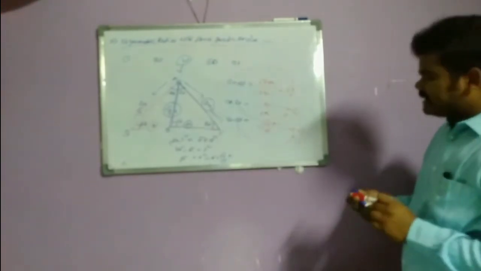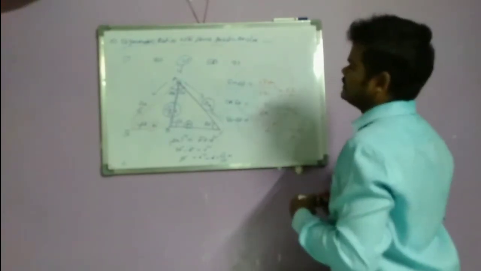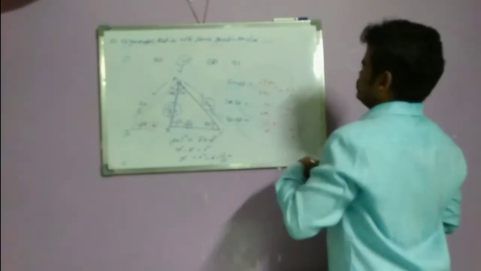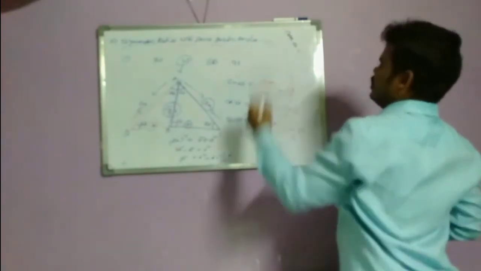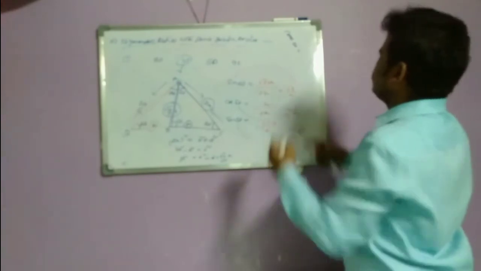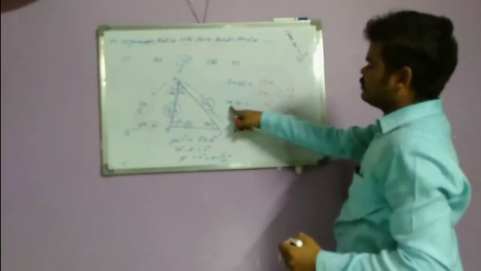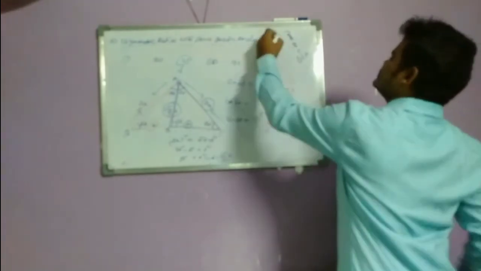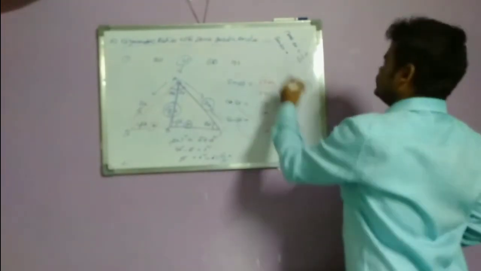What are the complementary angles of sin 60? The complementary of sin 60 means cosec 60. What about cosec 60? Reciprocal of this one, 2 by root 3. What is the reciprocal of cos? Secant 60. How much is it?